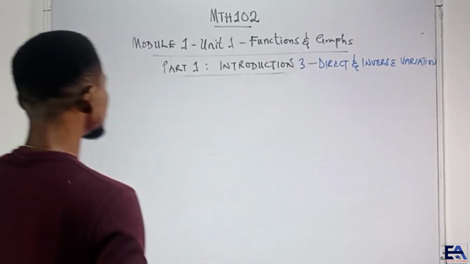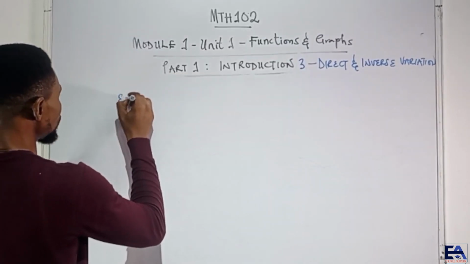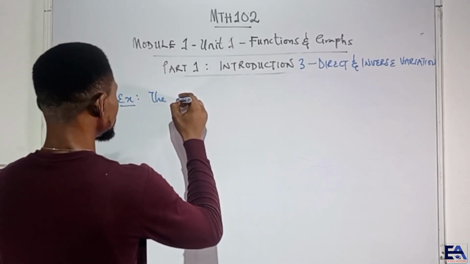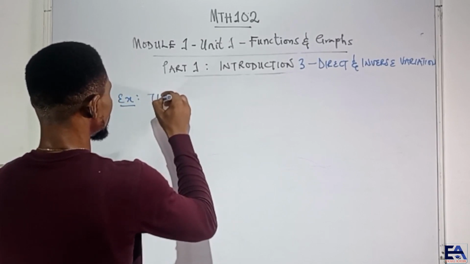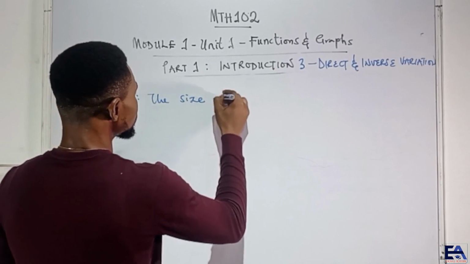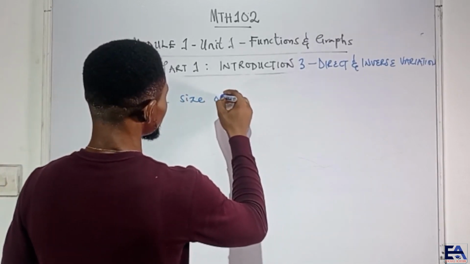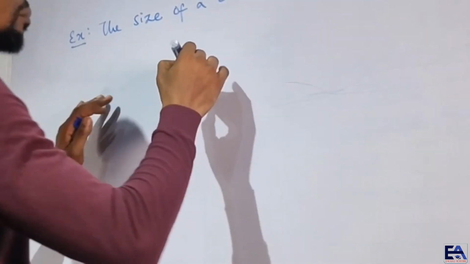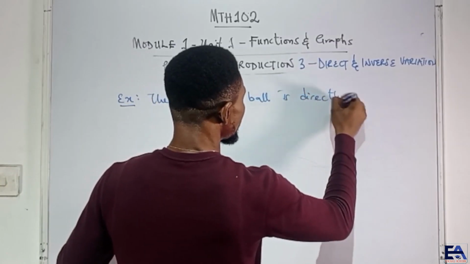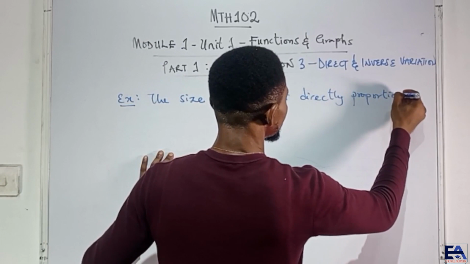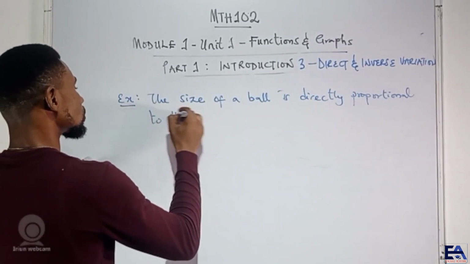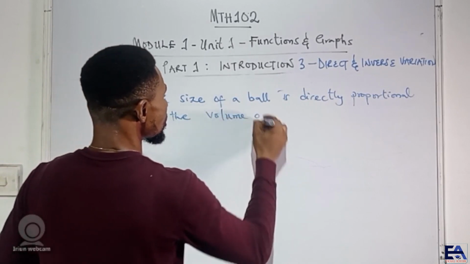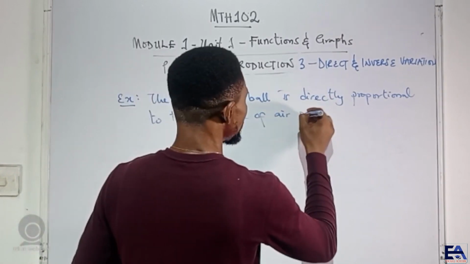Example 1: the size of a ball is directly proportional to the volume of air pumped into it.